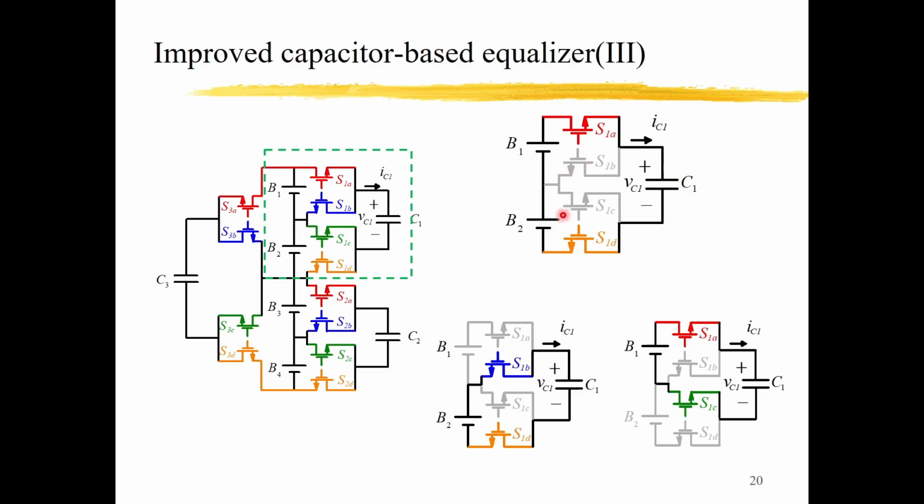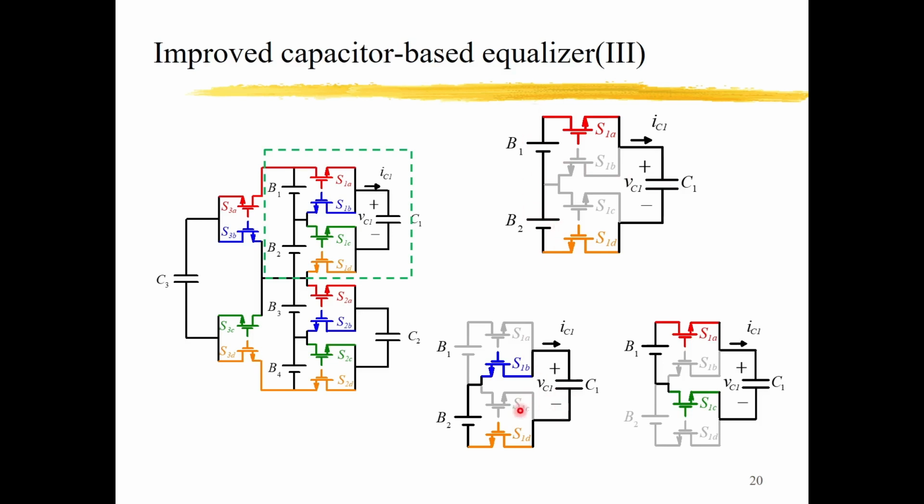Even at the final stage of the equivalent battery balance, in the end the voltage difference between V1 and V2 is very small, even though the capacitor voltage is the sum of the two batteries.